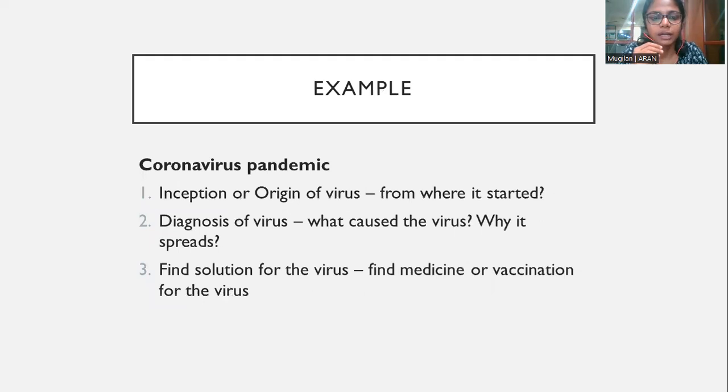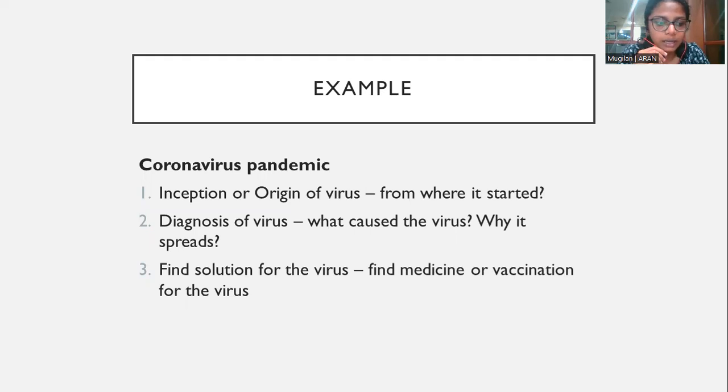Moving on, let me take an example. A good example for the diagnostic research design can be the coronavirus pandemic. First, we need to take the inception or origin of the virus. That means where the virus started.